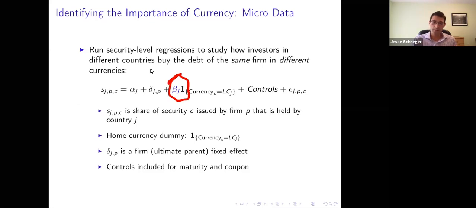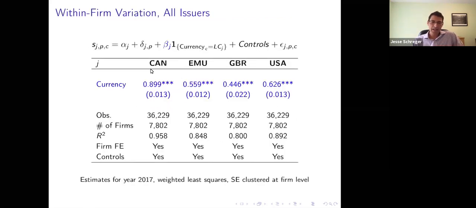Importantly, we do this with a firm fixed effect, so we always identify the importance of currency using two bonds issued by the same firm. We can also have other security-level controls like maturity and coupon. What you can see here is that there's overwhelmingly a huge effect of currency.